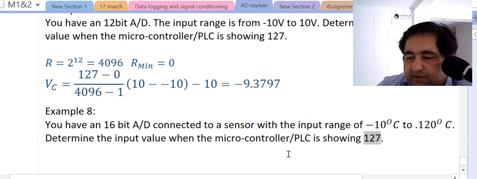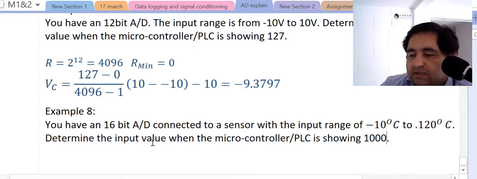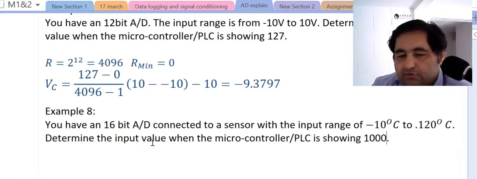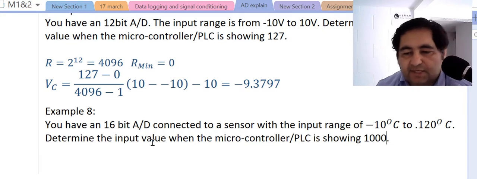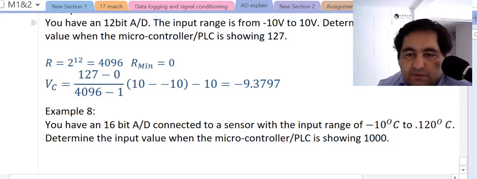Now I wanted to go for a different value, showing thousands. When the microcontroller or PLC is showing 1000, so actually a lot of things have changed here. This is a more advanced question, obviously, because we have 16 bits.